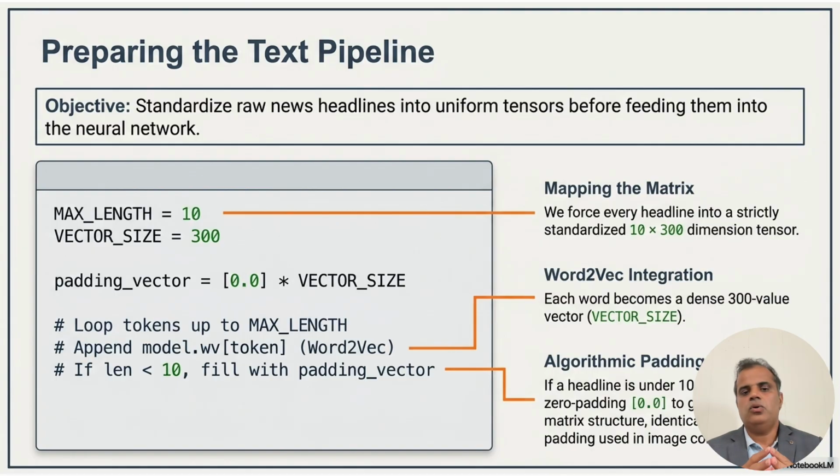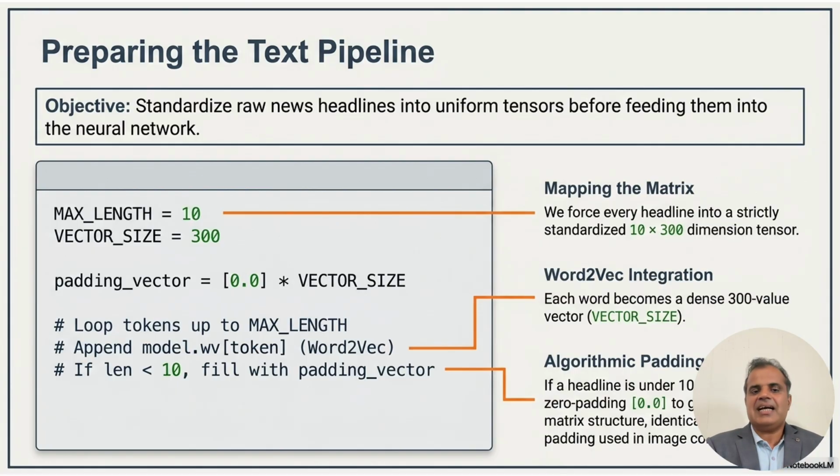We then run a loop. If a headline has a word, we append its 300 value vector. But notice the final conditional check, algorithmic padding. If a headline is short, say only 4 words long, we automatically fill the remaining 6 slots with an empty padding vector of zeros.